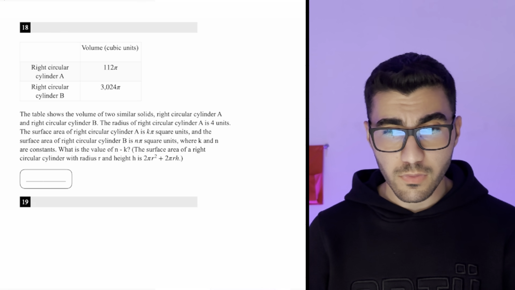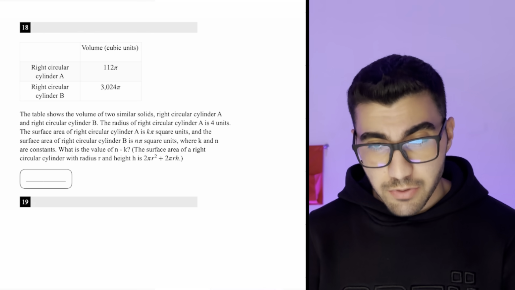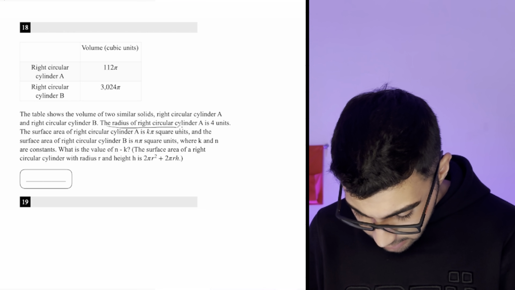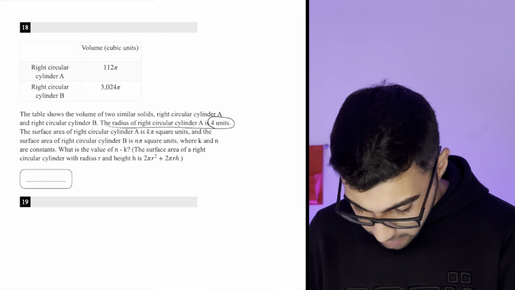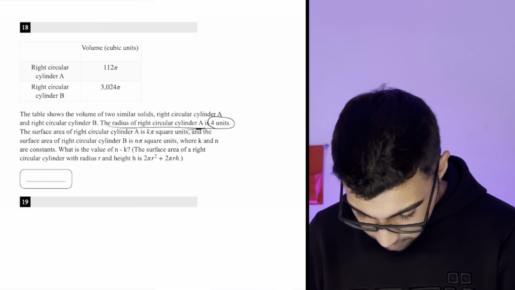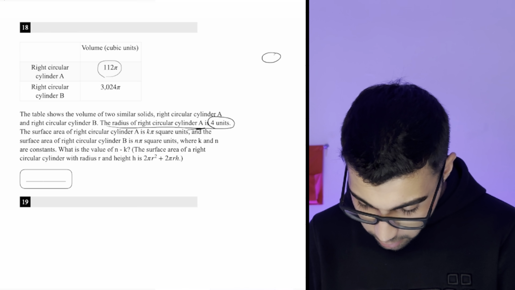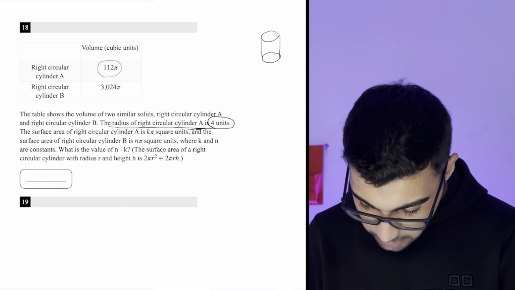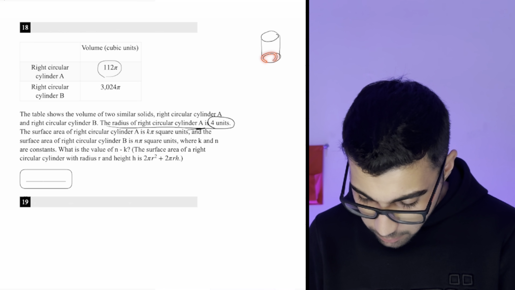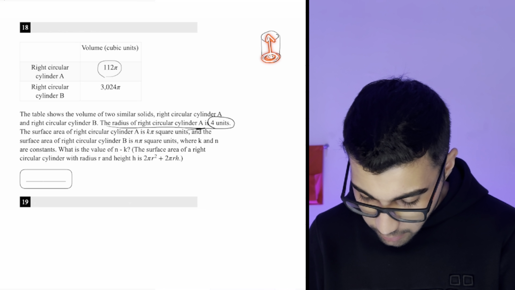Okay. So the radius of the right circular cylinder A is 4 units. And here the volume is this. So how do we find the volume of a right circular cylinder, which looks like this? We find the area of the base times the height, right?